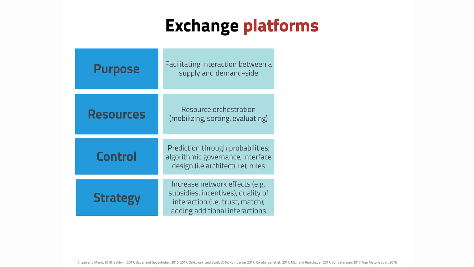The strategy for platforms is always increase network effects, and they use subsidies and incentives for that. So we know on Airbnb, the more travelers you have, the more interesting it is for hosts to be on the platform. The more hosts there are, the more interesting it is for the travelers. The value is higher.